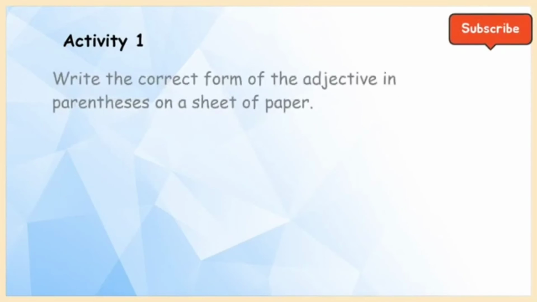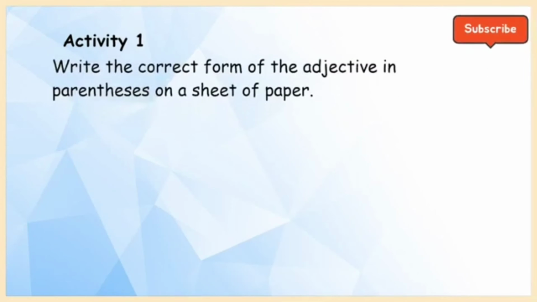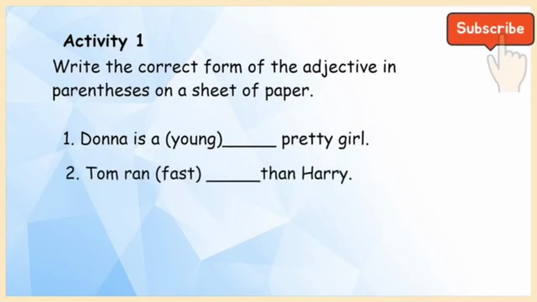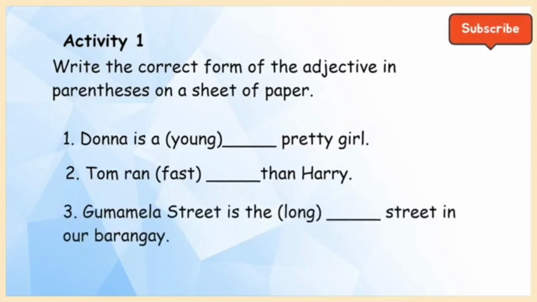Activity 1. Write the correct form of the adjective in parentheses on a sheet of paper. 1. Donna is a blank pretty girl. 2. Tom ran blank than Harry. 3.